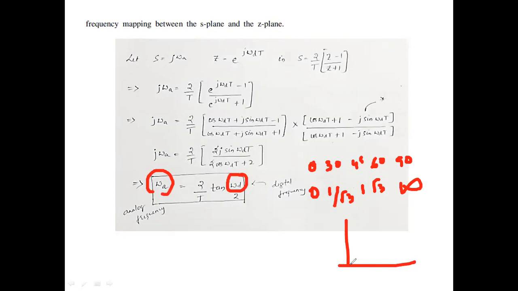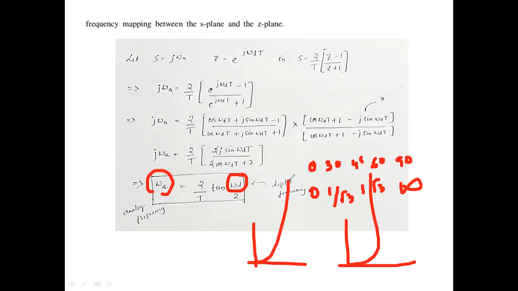So the mapping looks something like this. It goes to infinity. So what's going to happen? Lower analog frequencies will map to some lower digital frequencies, fine. But as analog frequencies increase, the mapping suddenly increases, zoom.